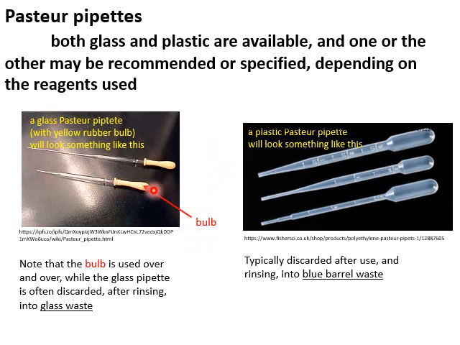Note that this bulb is usually reused, and then the pipettes you recycle depending on the reagent, or you throw away and you discard in the glass waste. If you ever use these, you discard them in the blue barrel waste. Again, a blue barrel is usually one where your tools were contaminated, or you have paper towels that some chemicals touched, right?